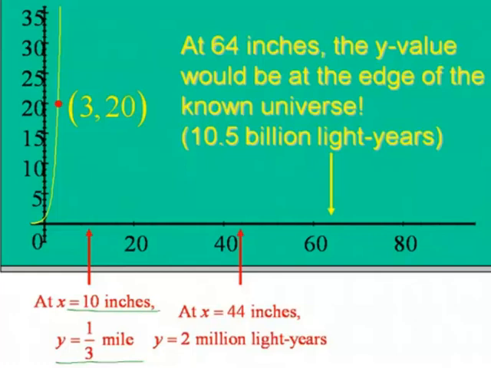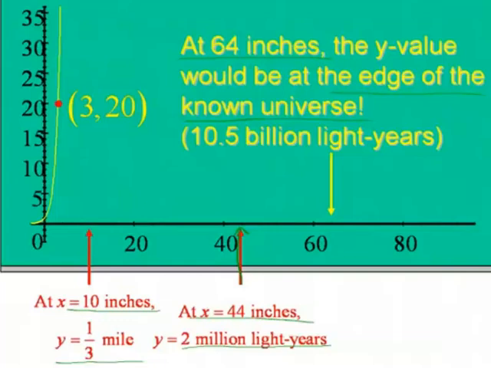That's a function that grows really, really fast. Let's look at x at 44 inches. The corresponding output of the e to the x function is 2 million light years. This function grows extremely fast. At 64 inches, the y value is at the edge of the known universe, 10.5 billion light years.